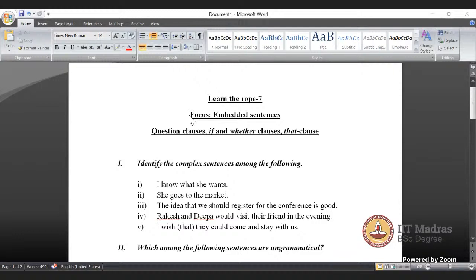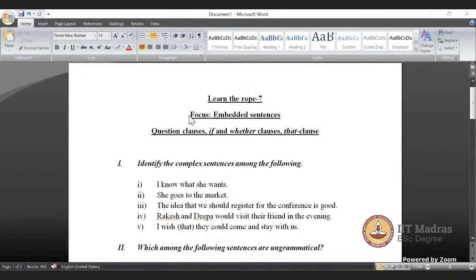I can only write it as Rakesh would visit his friend in the evening and Deepa would visit her friend in the evening. But since both of them are referring to the same friend, I put it together using the compound word and, right? So although your subject here is Rakesh and Deepa, which looks like a compound subject, we understand that this would still be a simple sentence, because the object is without any clause.